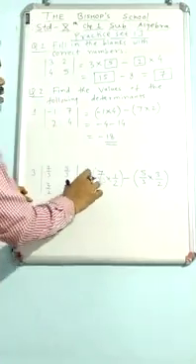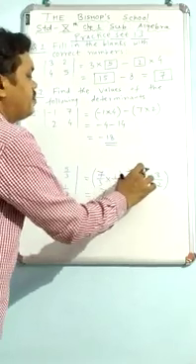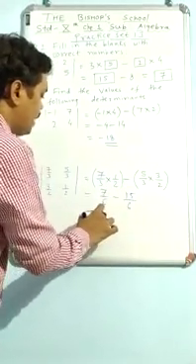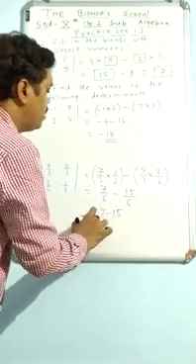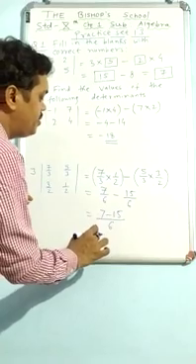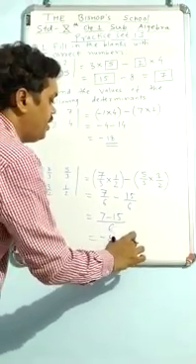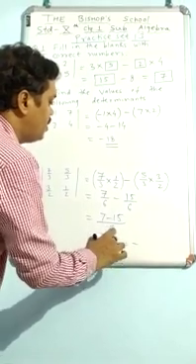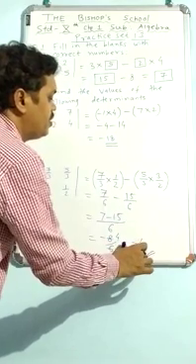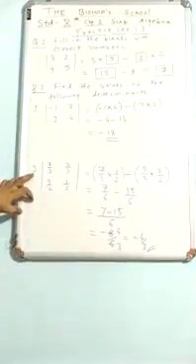So how much is it coming? 7 upon 6 minus 5 threes are 15 upon 6. Now 7 minus 15 whole upon 6. 15 minus 7 is 8, so minus 8 upon 6. Or we can write it as, 2 threes are 6, 2 fours are 8, minus 4 upon 3. That is the answer, the value of the third determinant.